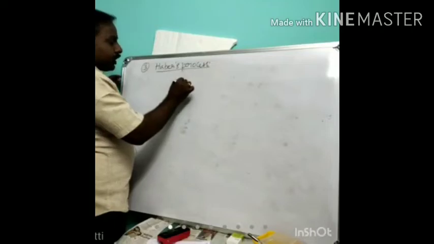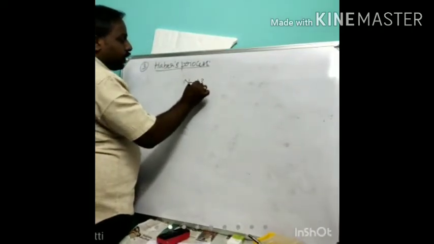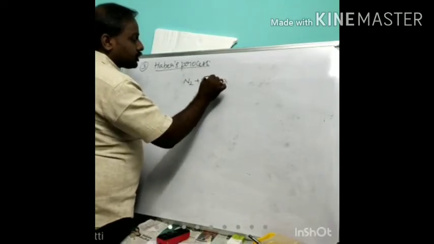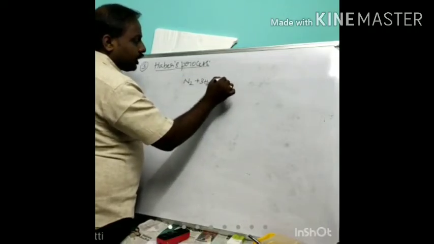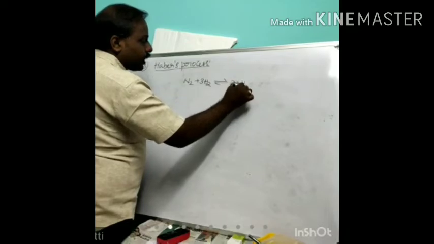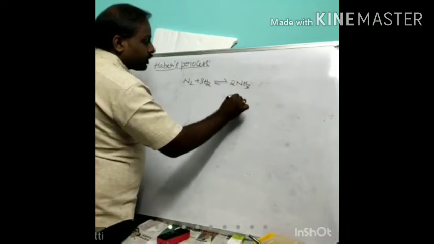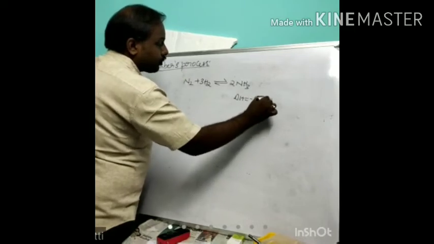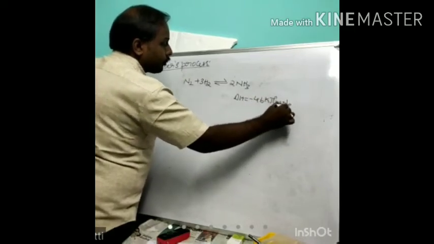In Haber's process, nitrogen is made to react with hydrogen in the presence of a catalyst and high temperature. We will get NH3, and the reaction is exothermic. The amount of energy released during this process is 46 kilojoules per mole.